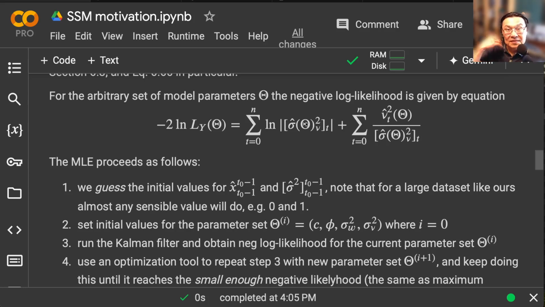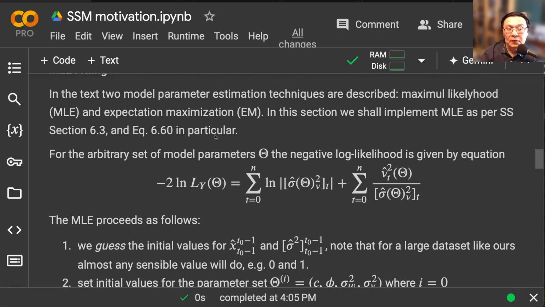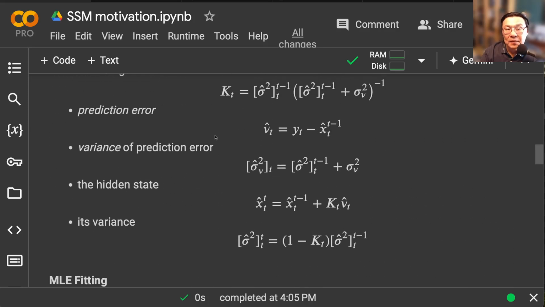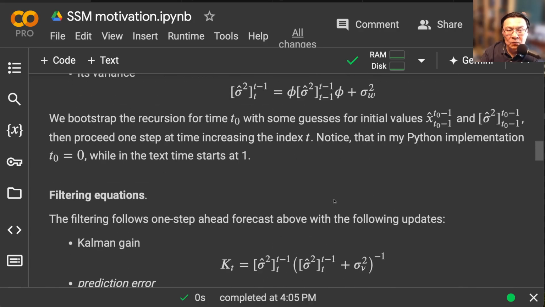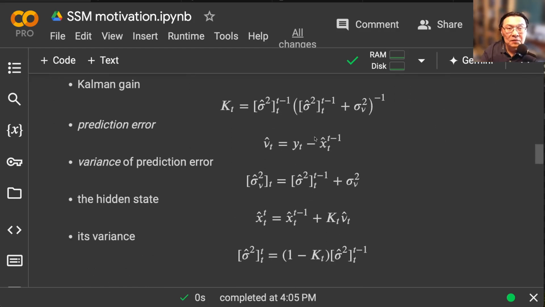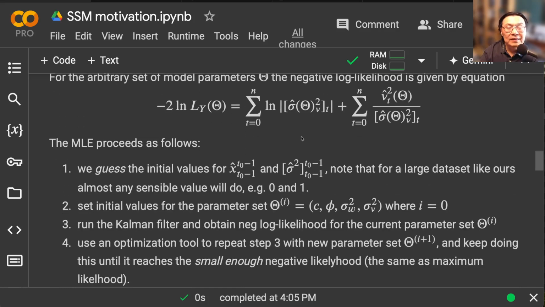So now think of this, how we maximize the likelihood. We assume a set of parameters, right? Like this variance of nu, like phi's and so on. These are all parameters. We'll make a guess. And then in the Kalman filter itself, we will be able to calculate likelihood. And then using this minimization tool, we will start getting new iterations of the parameter set. We'll get a new set of parameters, look at the likelihood, and so on.